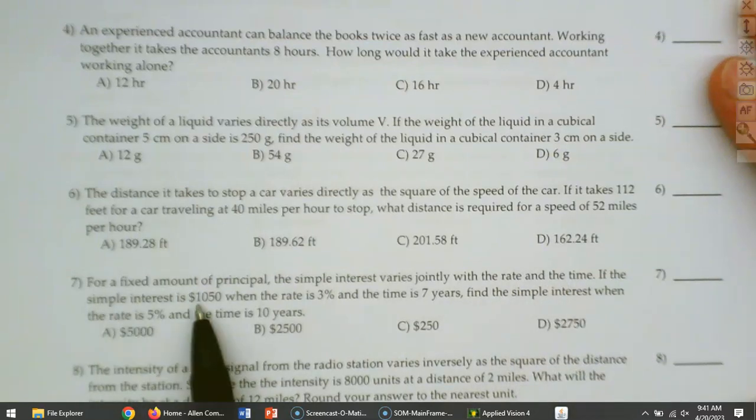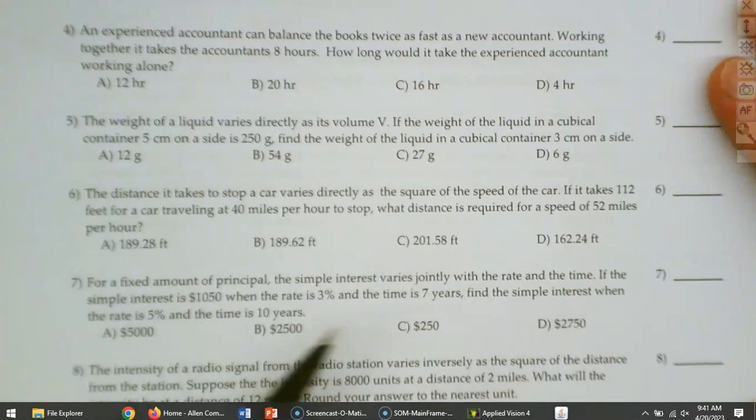If the simple interest is $1,050 when the rate is 3% and the time is 7 years, find the simple interest when the rate is 5% and the time is 10 years.